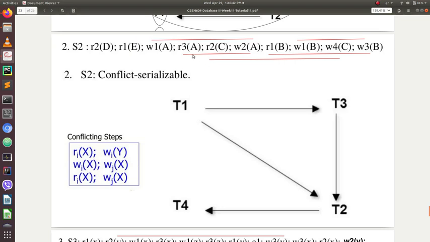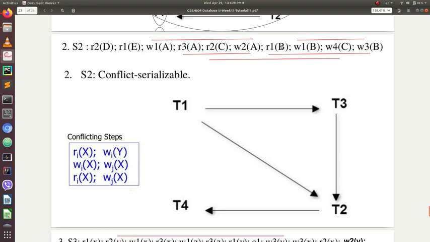Also, the transaction 2 reads element C, and I can easily find that transaction 4 writes the same element C. So I will draw an edge between T2 and T4. Here's the edge going from T2 to T4.